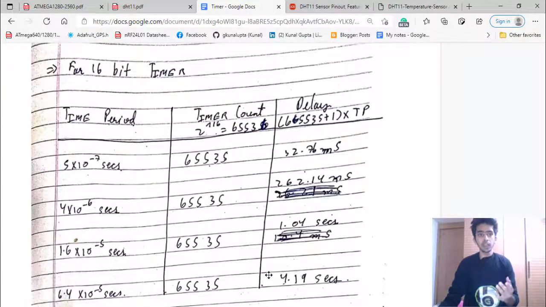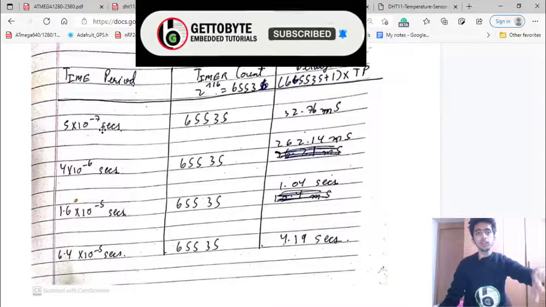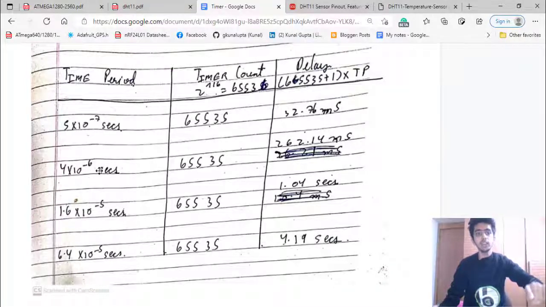Similarly, for 16-bit timers, for different time periods corresponding to prescalers 8, 64 and so on, I can get a maximum delay of 4.19 seconds from a single timer.